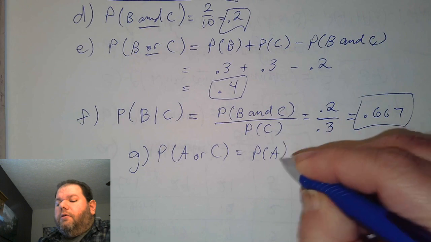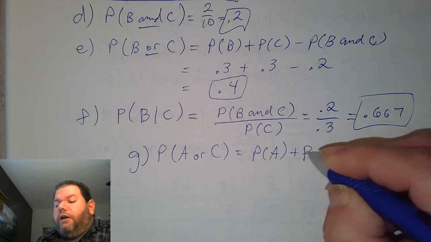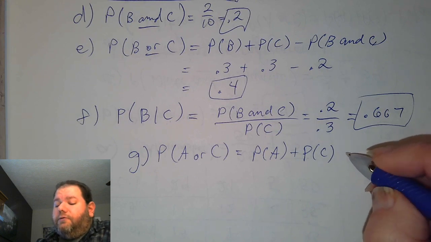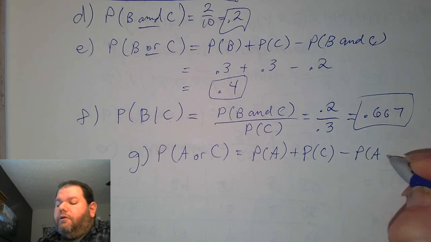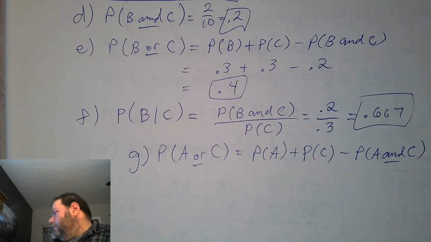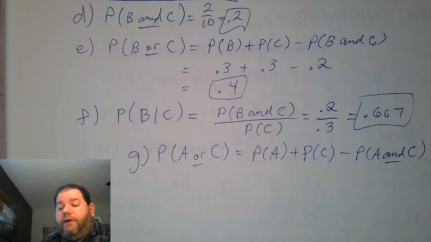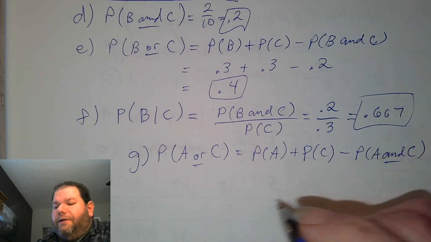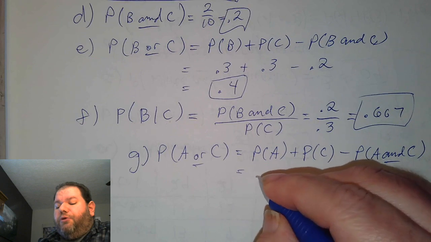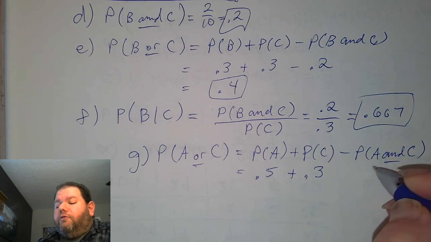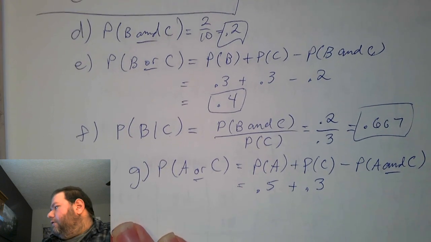Now in G, we again have an or statement, so we use the addition rule. In this case, we've already found both probability of A and probability of C. Probability of A is 0.5, and probability of C is 0.3. What about A and C together?